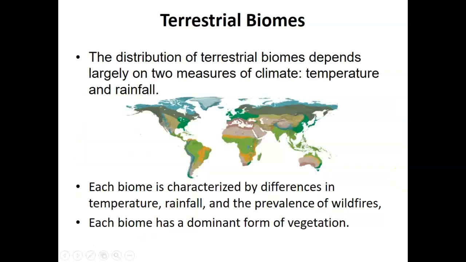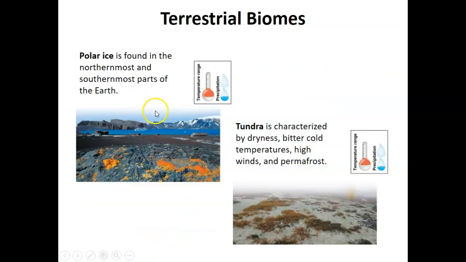Terrestrial biomes are characterized by two things. One is the temperature, the other one is the rainfall. Each biome is characterized by differences in temperature, rainfall, and the prevalence of wildfires. Each biome has its own unique vegetation. There are 7 types of terrestrial biomes.